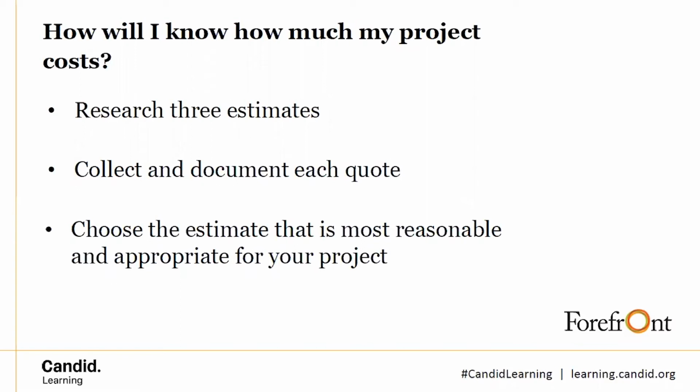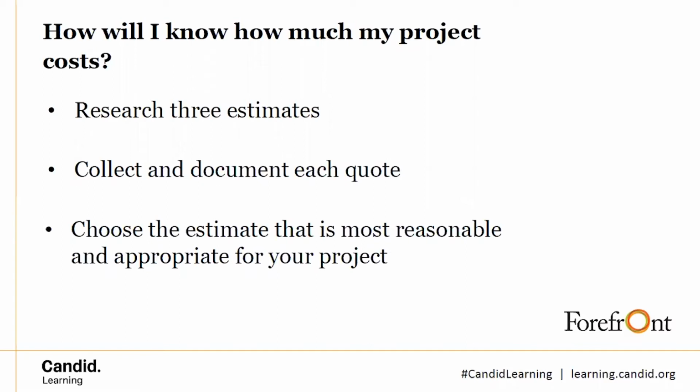So look at the details of these estimates and what they cover, even if they're promising the same result. There are going to be differences in location, accessibility, quality, and other benefits that might come with it, and you want to choose the estimate that is the best fit.